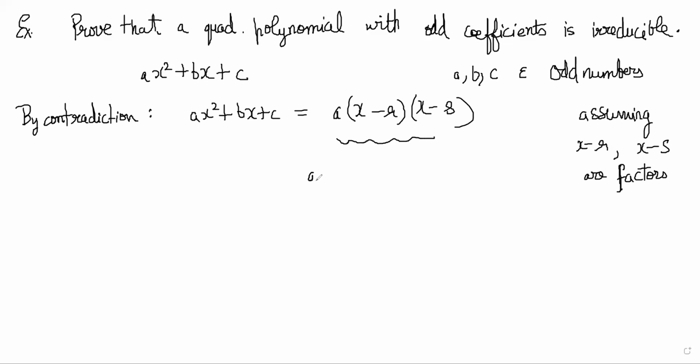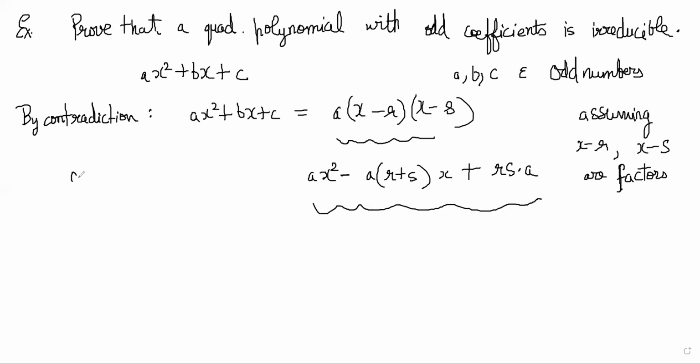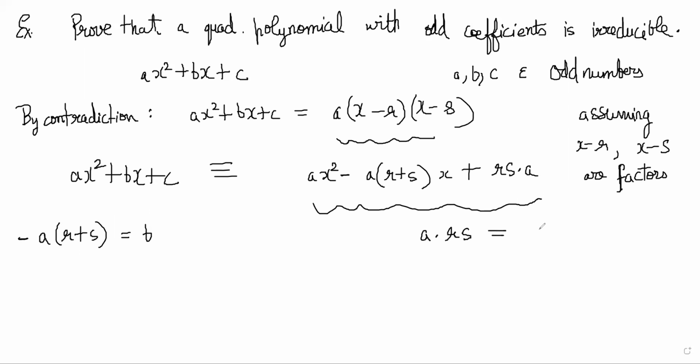If we compare coefficients, we get a x squared minus a(r plus s) x plus a r s. This is the polynomial on this side, and on this side we have ax squared plus bx plus c. These polynomials must be equivalent. So we should have minus a times (r plus s) equal to b, and a times r s equal to c.